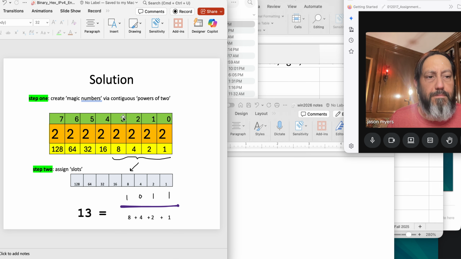2 to the third power, or cubed, is 8. 2 to the fourth is 16, and so on and so forth. The purpose of only going to 8 spaces is that 8 is the length of an octet.